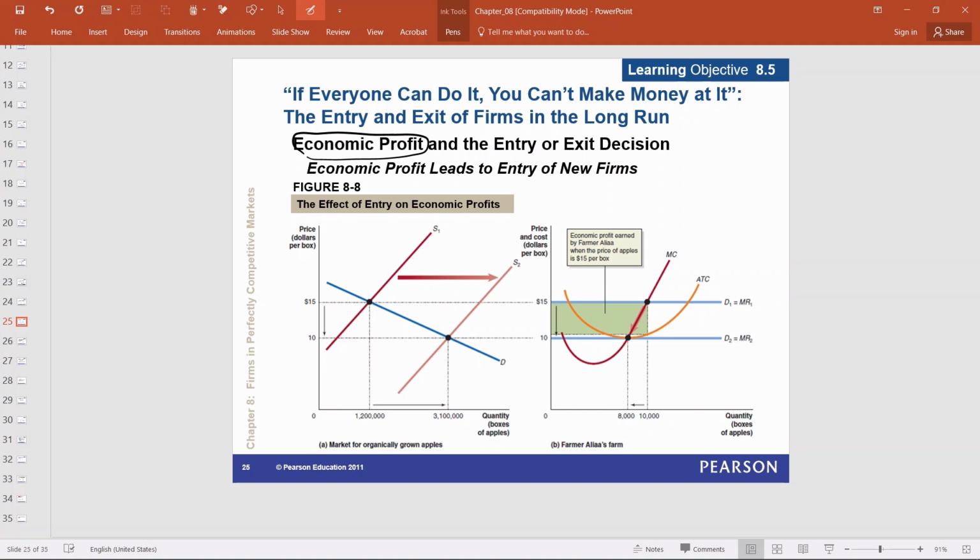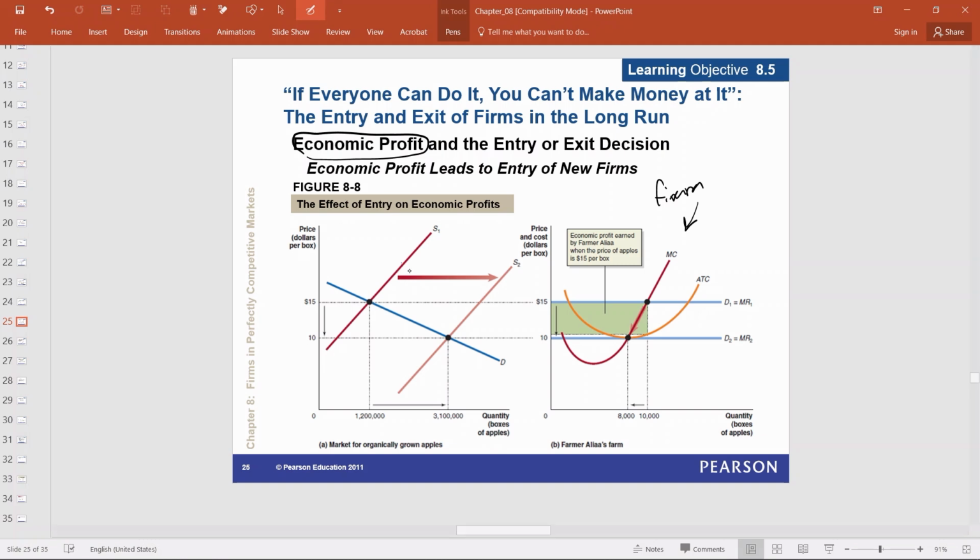And here we want to show what will happen to the movements of the curve because of other factors like income, like more advancement in technology, that could cause movements of the curves. I mean market supply and demand curves. What impact is this going to have on a firm that exists in the market, and we want to explore if there is profit or loss.